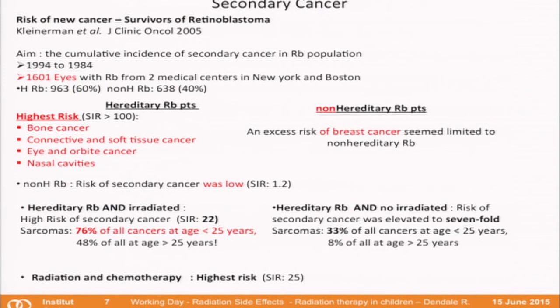For hereditary retinoblastoma plus irradiation, we find a high risk of secondary cancer. 76% of the cancers are sarcoma at age under 25 years. And radiation with chemotherapy carries the higher risk.